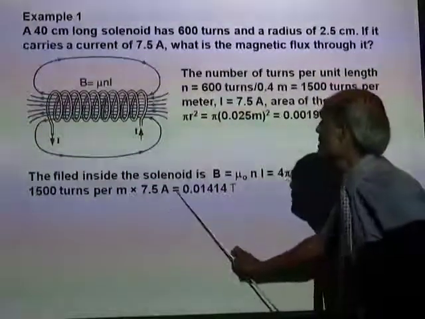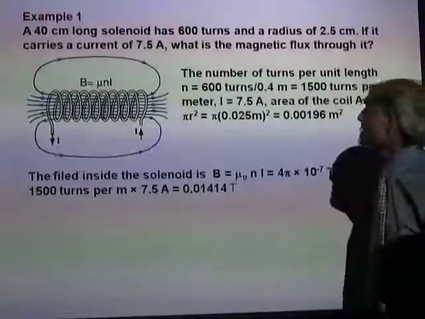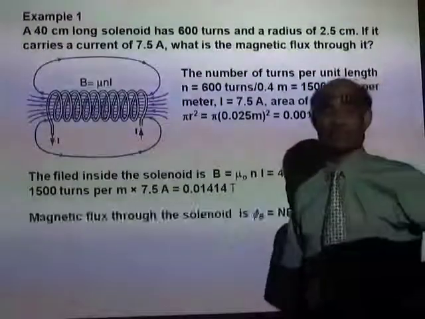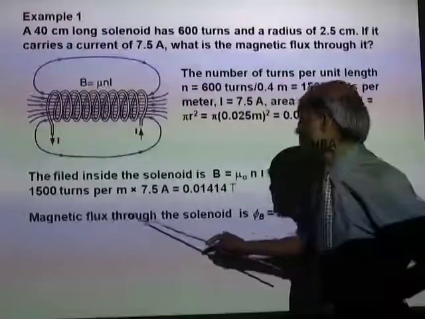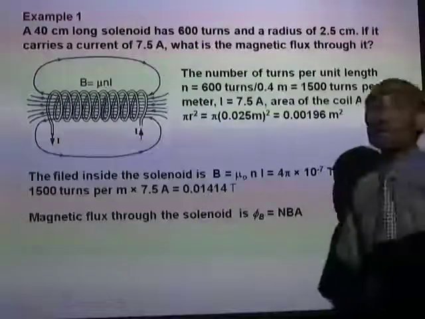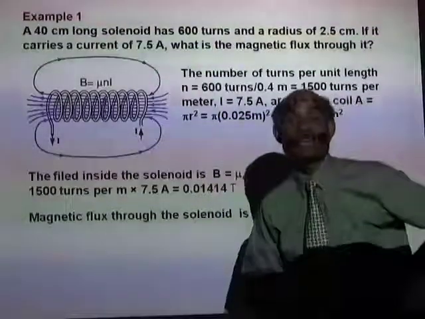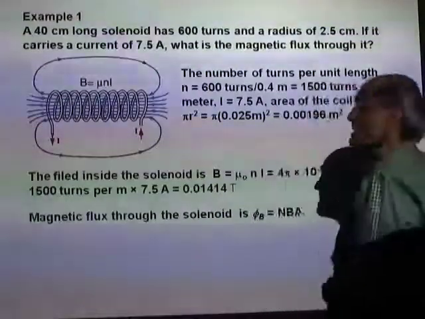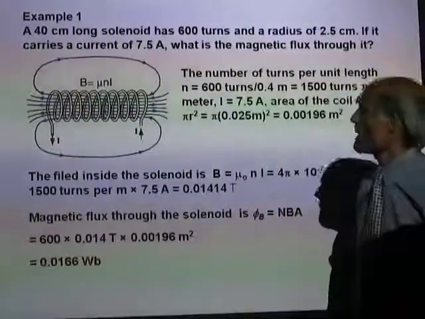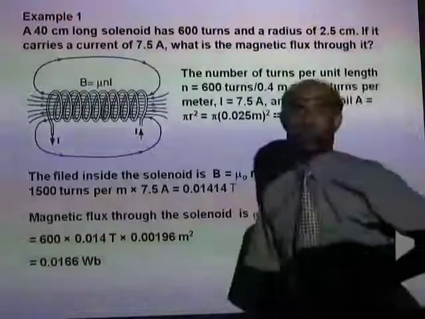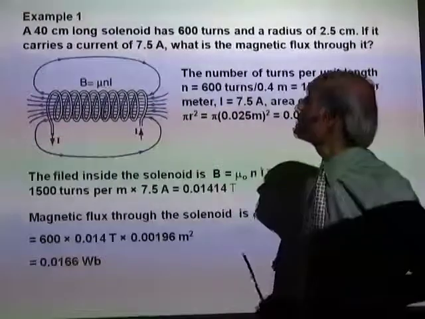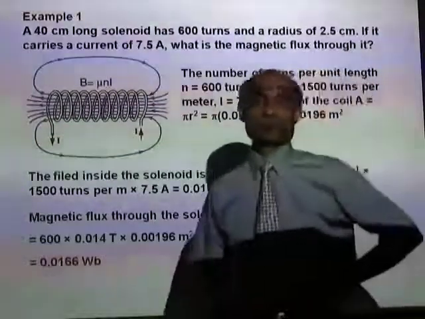That gives us the field inside the solenoid as 0.01414 Tesla. Now the magnetic flux through the solenoid is N times B times A, where theta is 0, so cos theta is 1. And therefore that is 0.0166 Weber. Very simple problems, but you must be familiar with solving these kinds of problems.